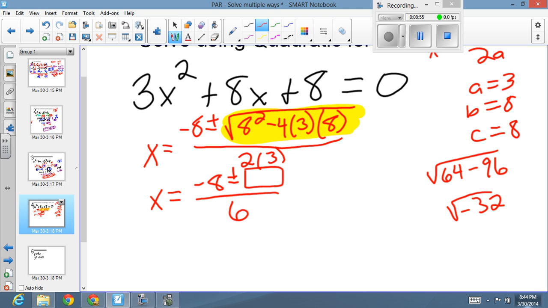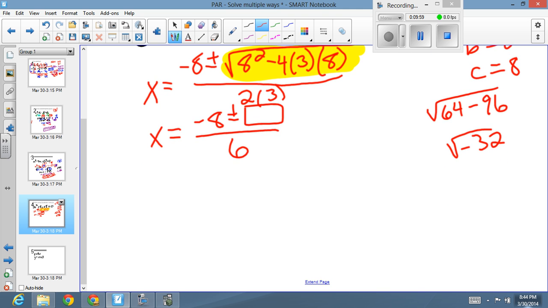Okay, well, let's take that negative 32, and let's break that down. First of all, I know I can put an i out in front to make that an imaginary number. 32 is 8 times 4. 4 is 2 times 2. 8 is 4 times 2, and another 2 times 2.